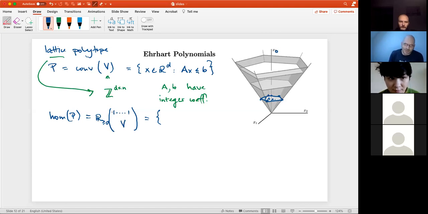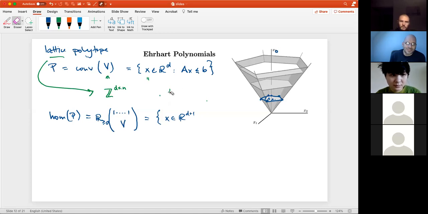So now you're in d+1 dimensions, where I think of my vector up on top as x1 through xd.